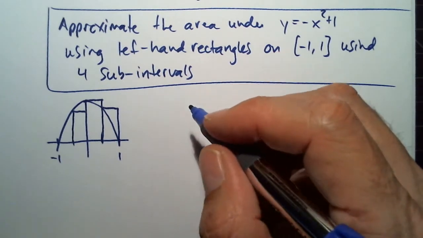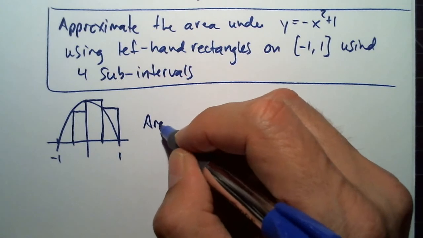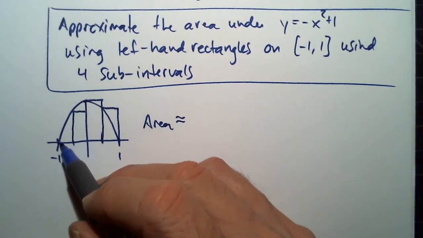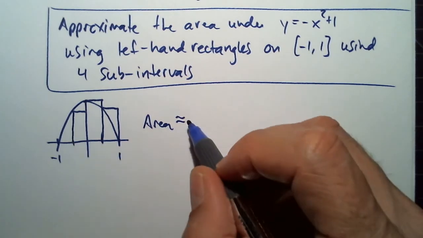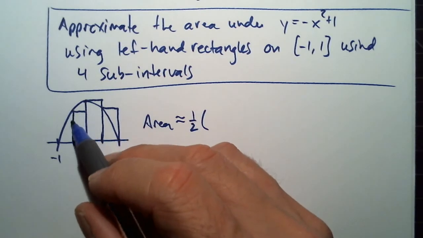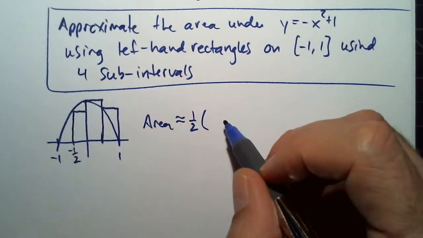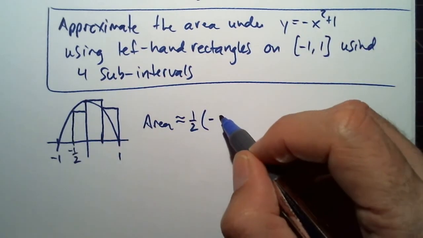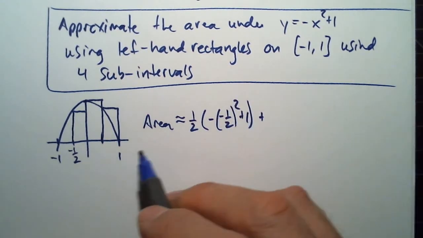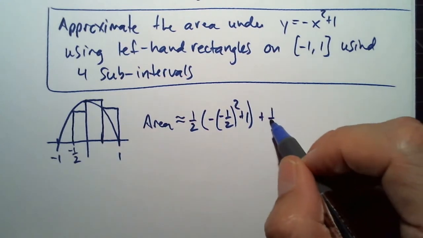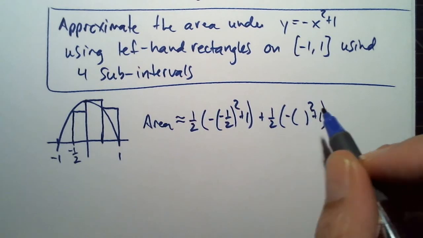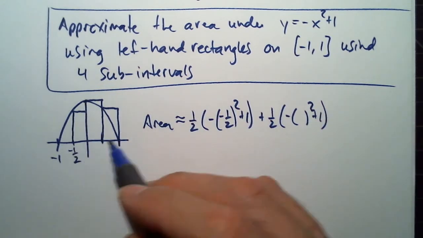So we're going to have the base. Here we have 0 height, so there's nothing there. Base is a half, and the height is the y value at -1/2. So here we have the y value at -1/2. And then we're going to go to the next rectangle, and the height is at 0.